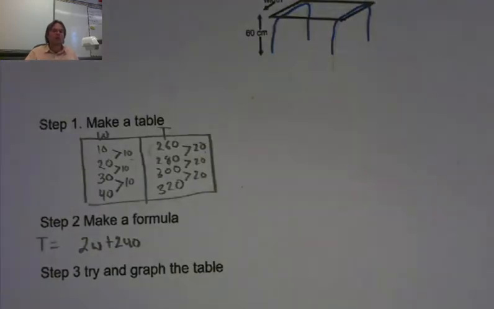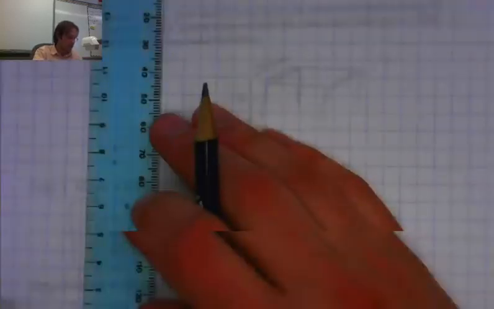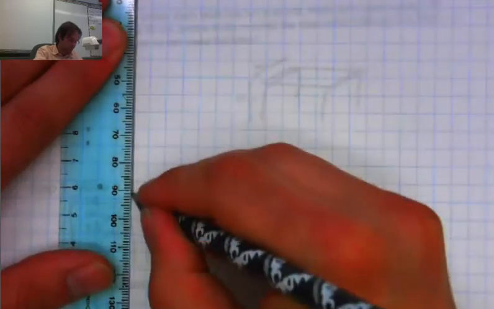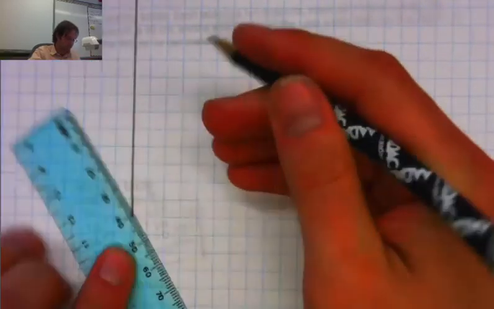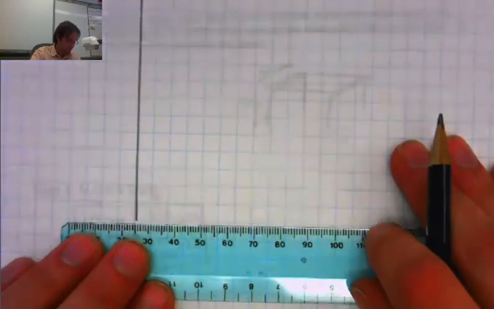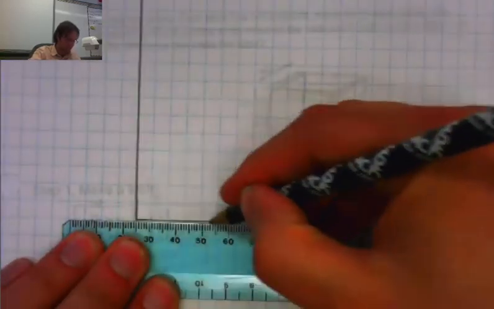All right? Now, for step 3, we want to graph this. So we're going to try and graph that table. So I have my graph paper here, and I'll make a quick graph. Okay, so here's my graph.